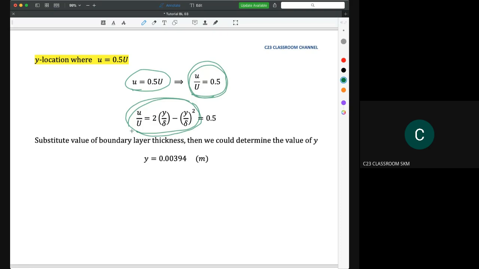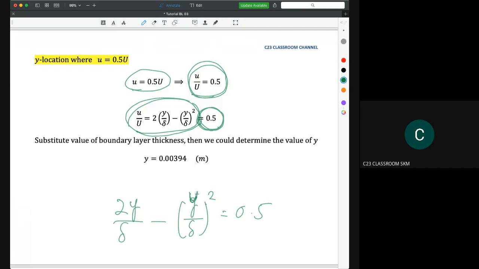Now we could equalize it with 0.5 based on the question.